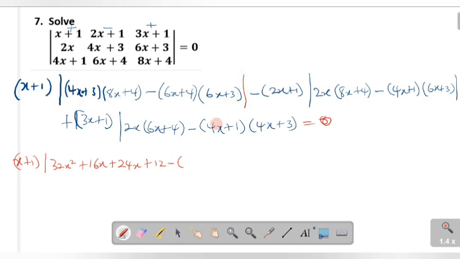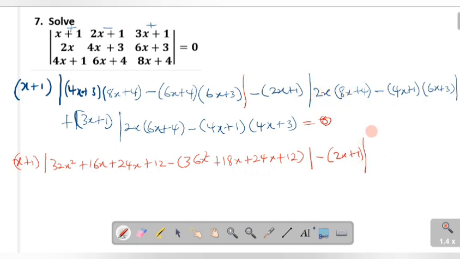So you have 6x times 6x, that's 36x squared, 6x times 3 is 18x, 4 times 6x is 24x, and 4 times 3 is 12. So you close the bracket, then you close this.